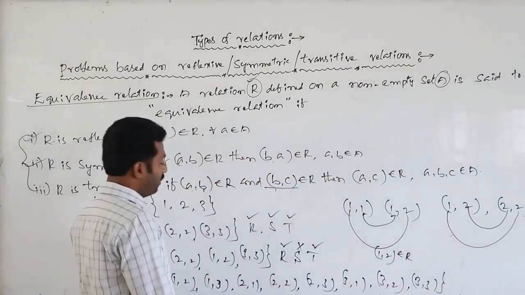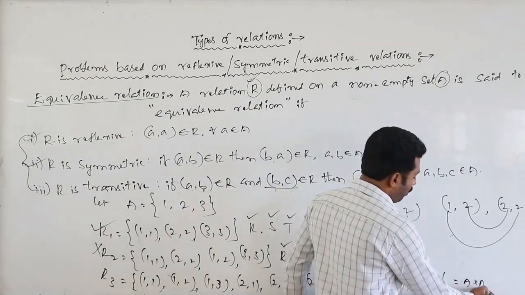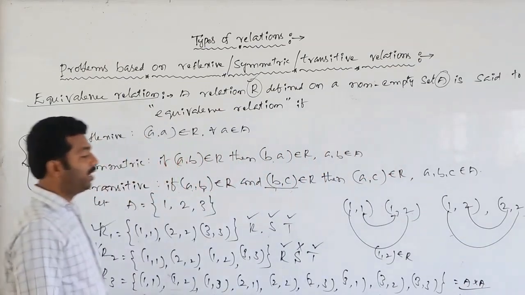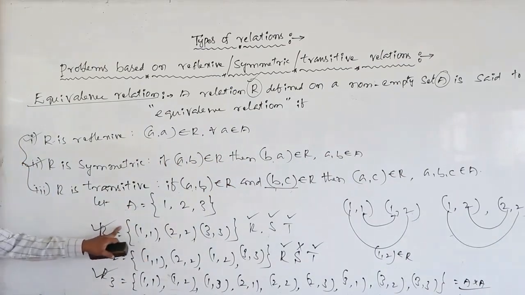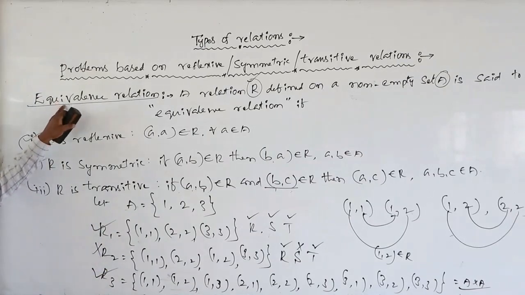So this is clearly a universal relation. A universal relation is always reflexive, symmetric, and at the same time transitive, so clearly this is an equivalence relation. So identity relations and universal relations are always equivalence relations.